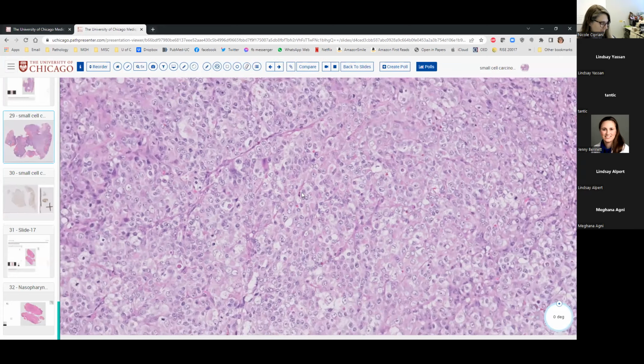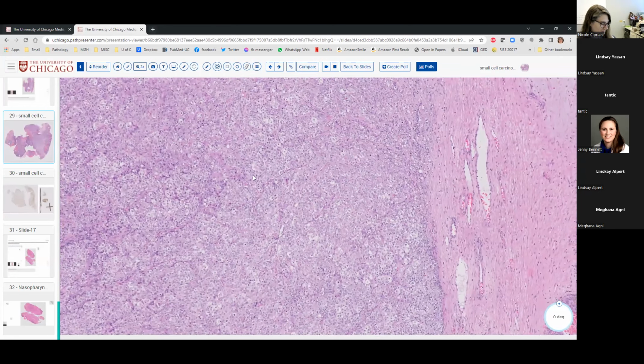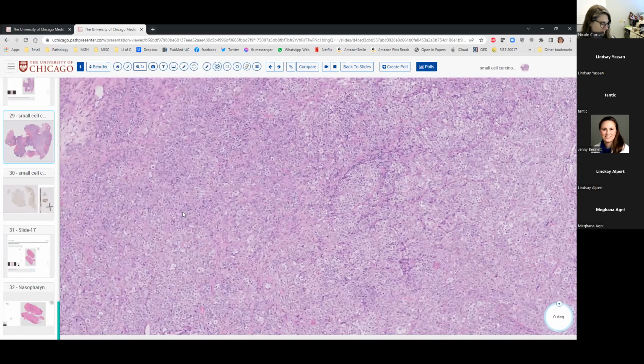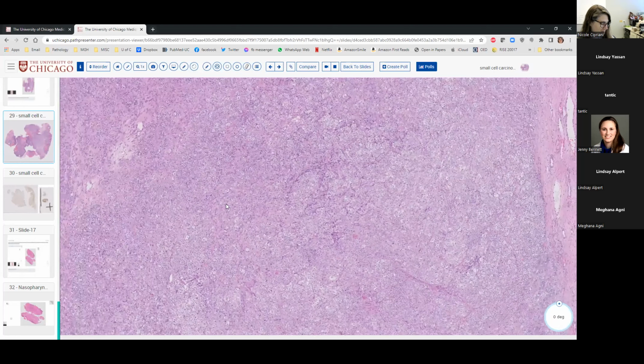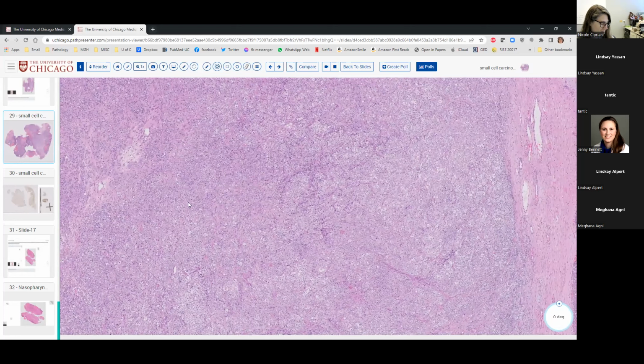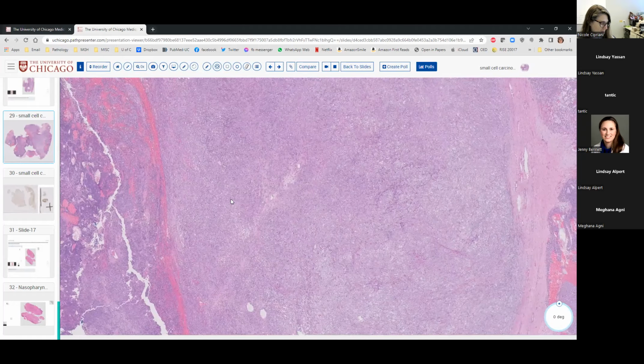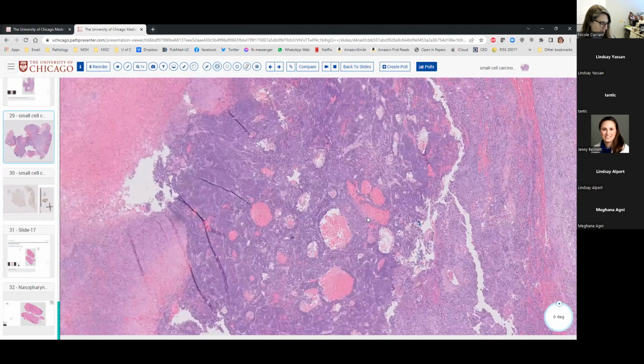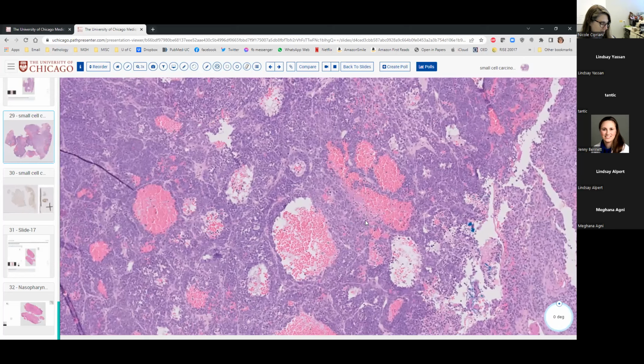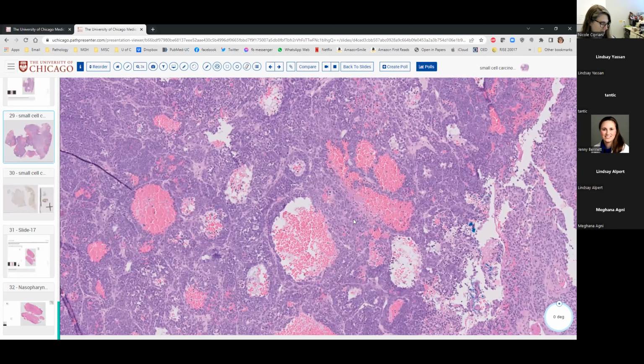The main things you think about when you see a tumor in a younger patient that has these follicle-like spaces are small cell carcinoma of hypercalcemic type or juvenile granulosa cell tumor.